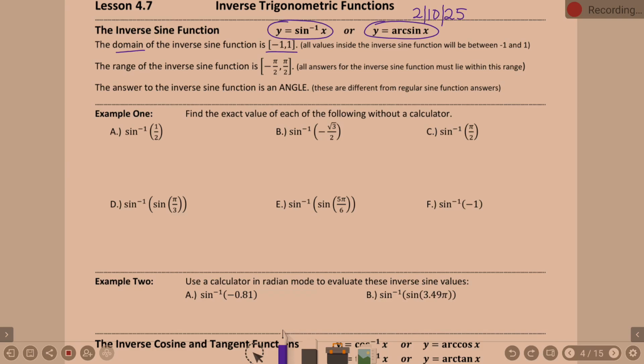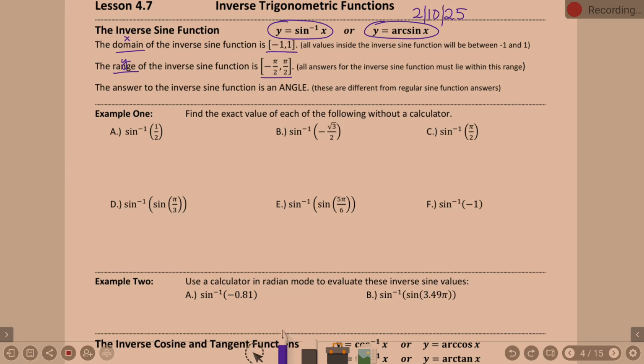And keep in mind when we talk domain, we are talking the x values. The range, range of course being y, the range of the inverse sine function is -π/2 to +π/2. So all of your outputs, your answers, must lie within this range.